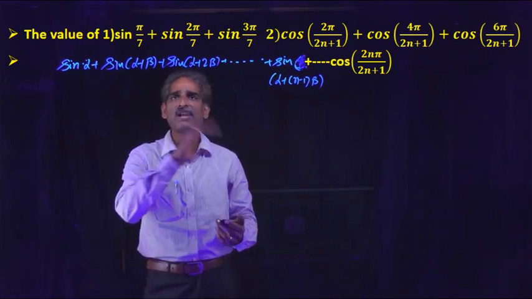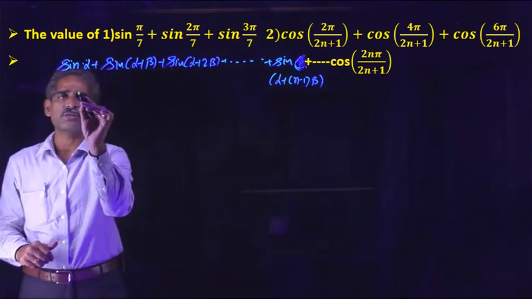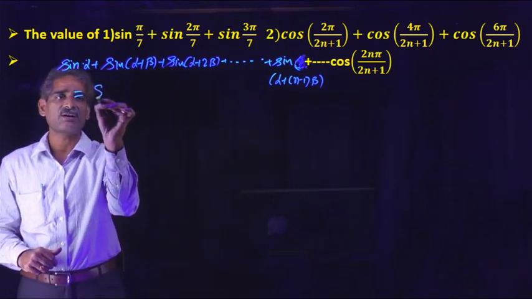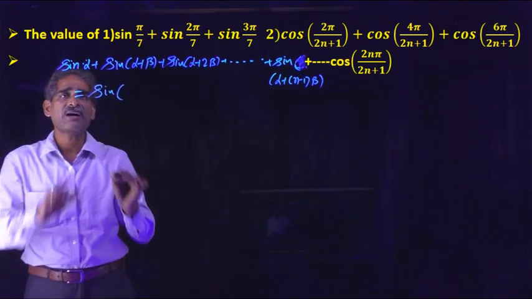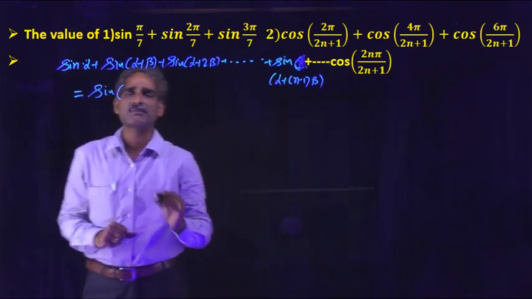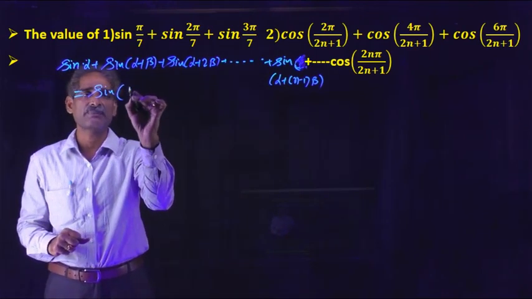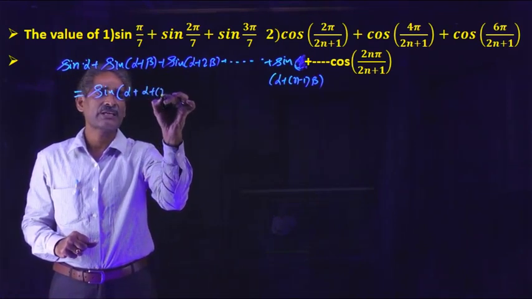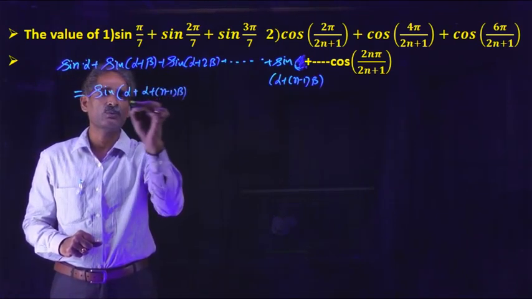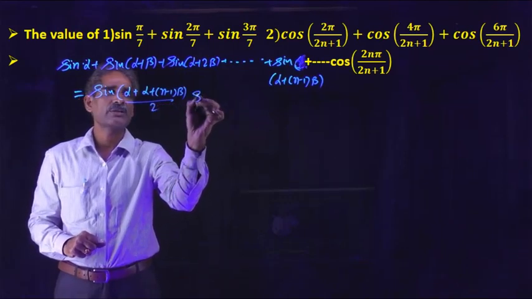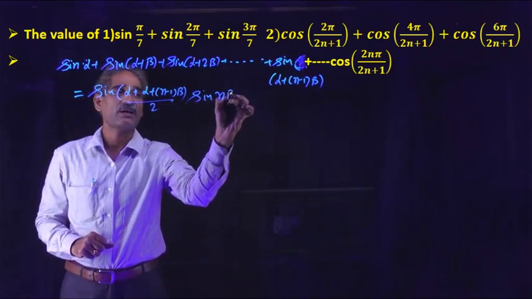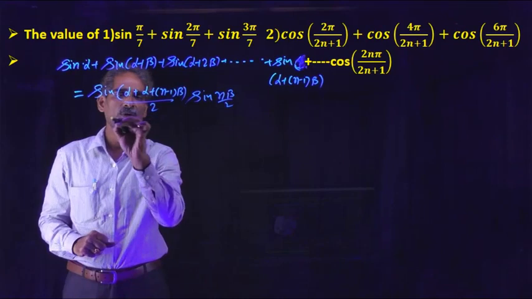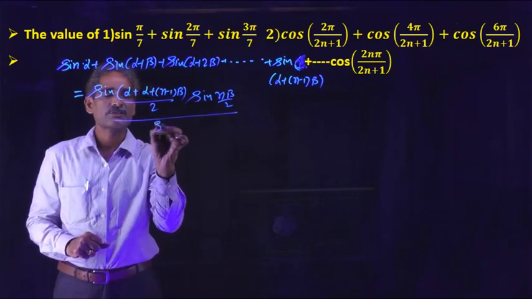So the value of this expression is simply, by using this formula, sine of the sum of the first and last angle, that means alpha plus n minus 1 into beta, by 2, into sine of n beta by 2, whole divided by sine beta by 2.